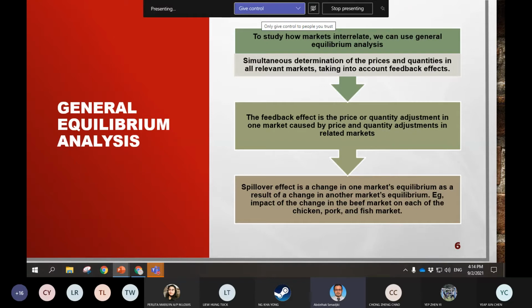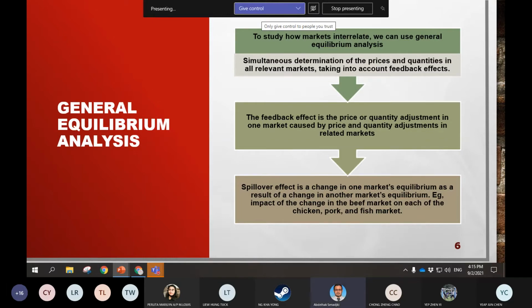What does feedback mean? Feedback effect means that the price or quantity adjustment in one market is caused by the price and quantity adjustment in a related market. When the price of petrol increases, that leads to a feedback effect on public transportation, where the demand for public transportation increases.